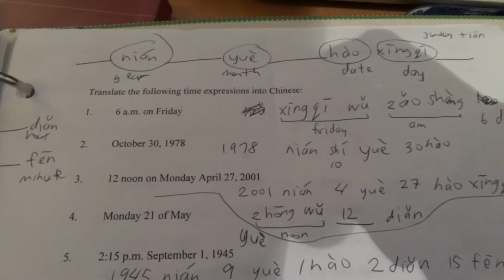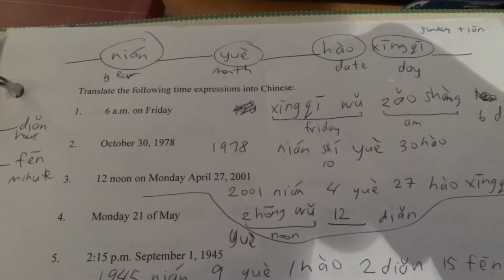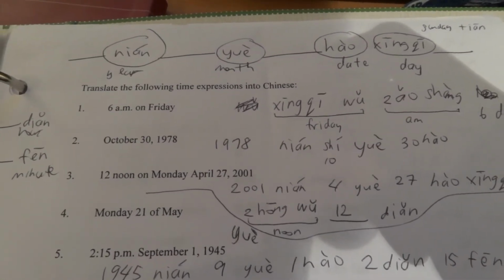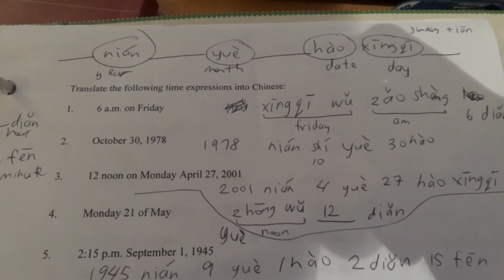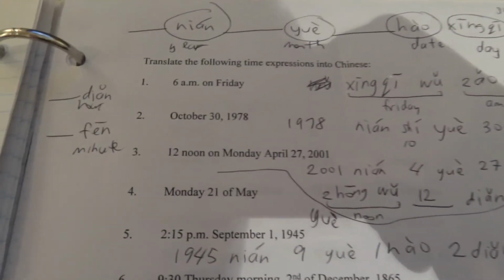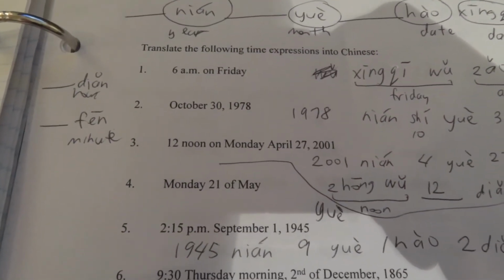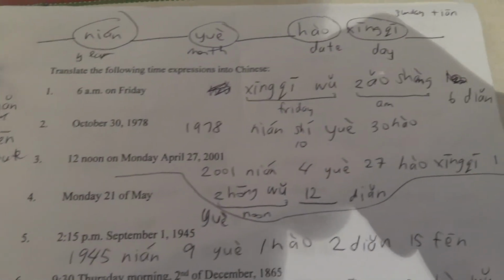I'll say it again. Year, 年, month, 月, date, how? Day, 星期. Hour, 点, minute, 分.